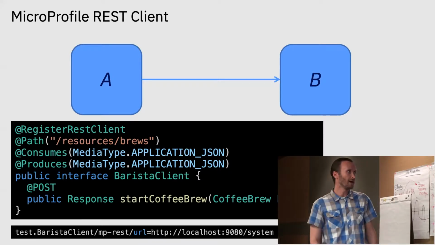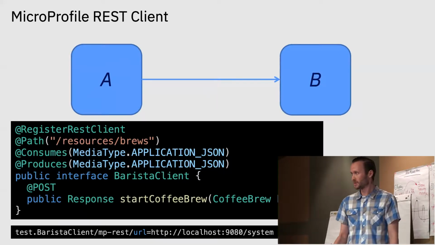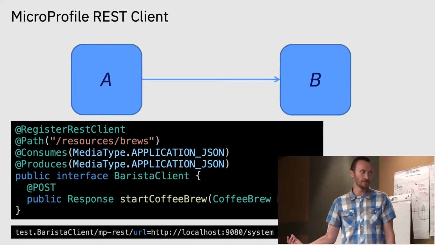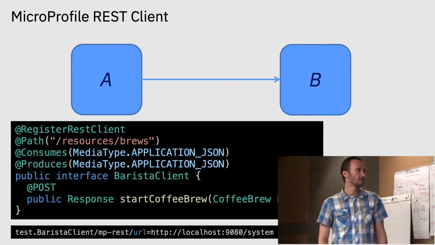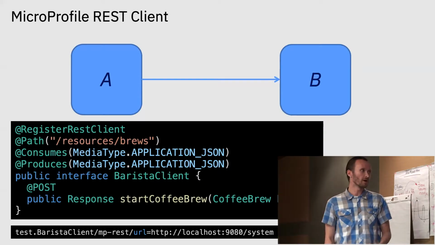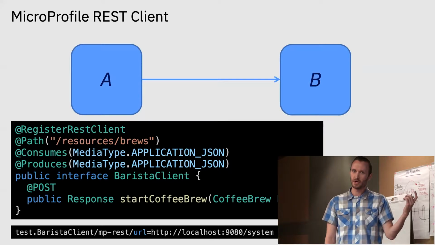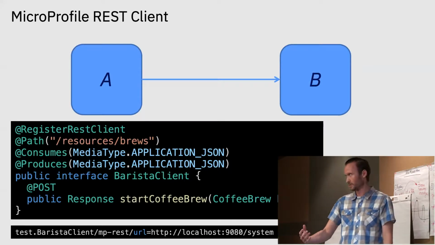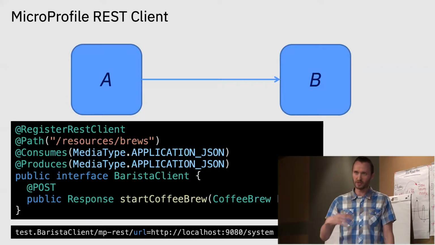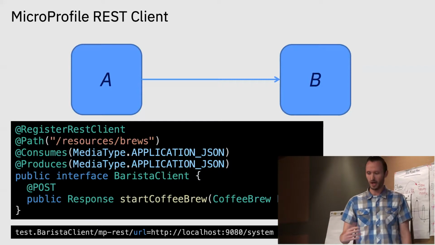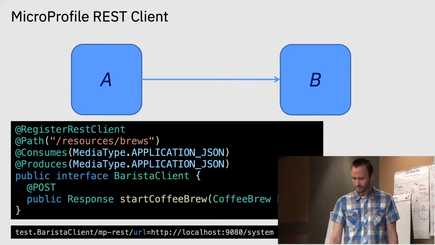So the @RegisterRestClient annotation is placed on an interface, which defines both the client and the server implementation. And it's very similar to the server end of it, but on the client end, you just have the interface, and from the interface, the runtime actually does the full request. So you don't have to actually build a request object, you don't have to figure out all the details of how to serialize things.